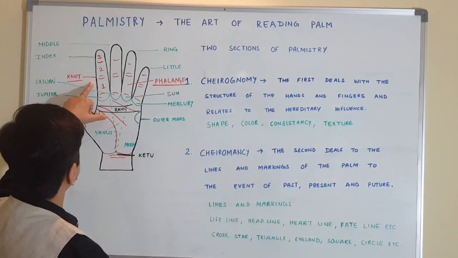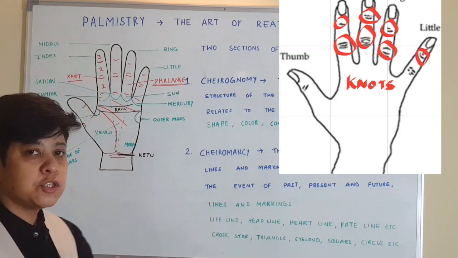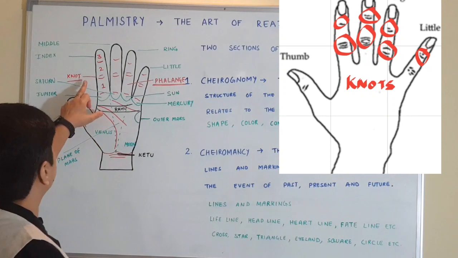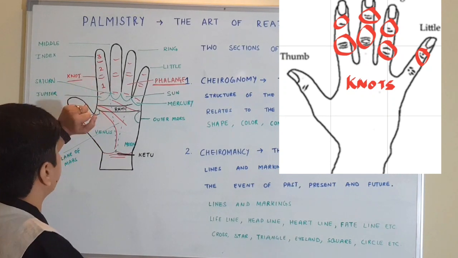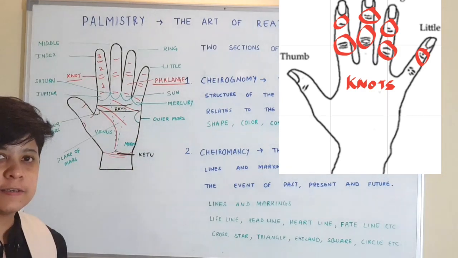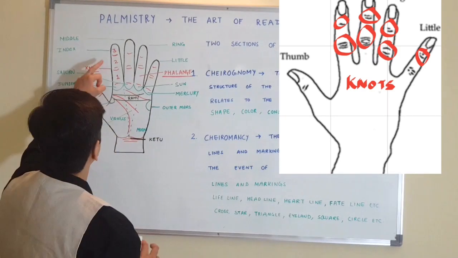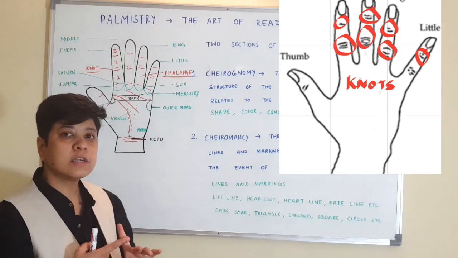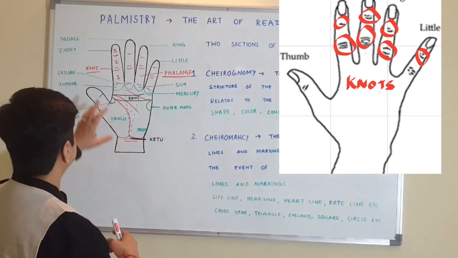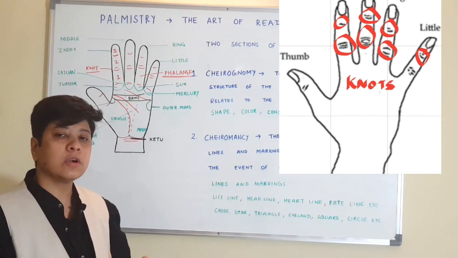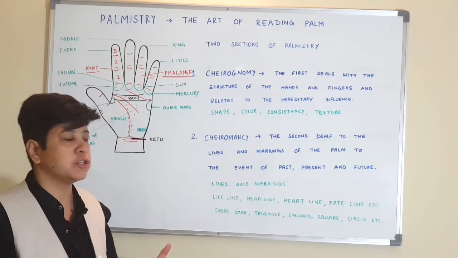So these are the knots. Basically, the joints in between the fingers represent the knots. There are two knots, and the distance between the knots is called a phalange. So every finger has two knots and three phalanges. Now we'll understand the significance of knots and the significance of phalanges.